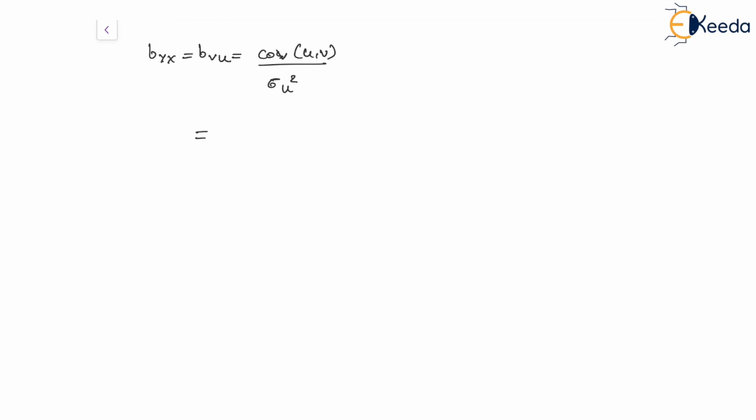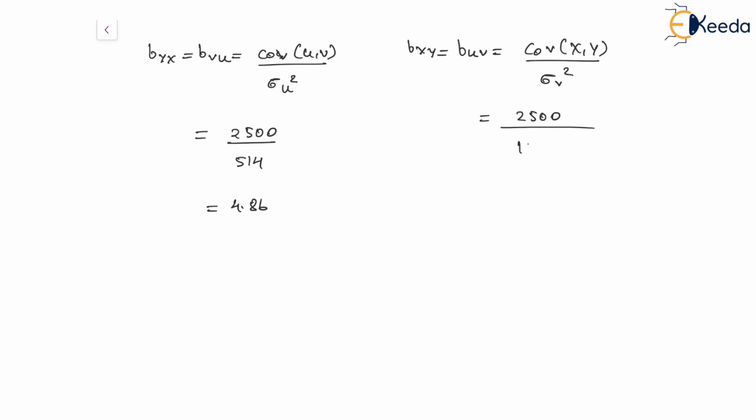So as we have found all these values, this will be equal to 2500 over 514, which is equal to 4.86. Similarly, the regression coefficient of x on y, which will also be equal to Buv, will be covariance of uv divided by the variance of v. So this is equal to 2500 divided by 19704, and this is equal to simply 0.12.